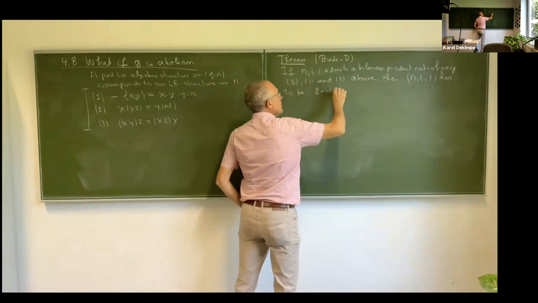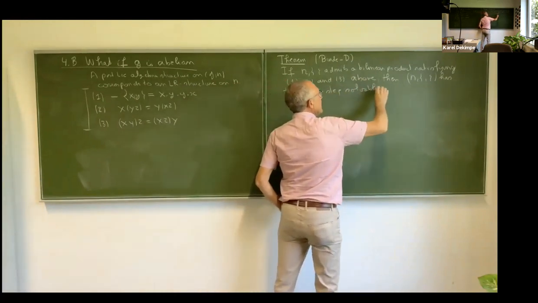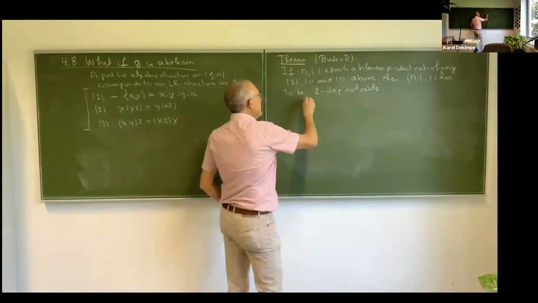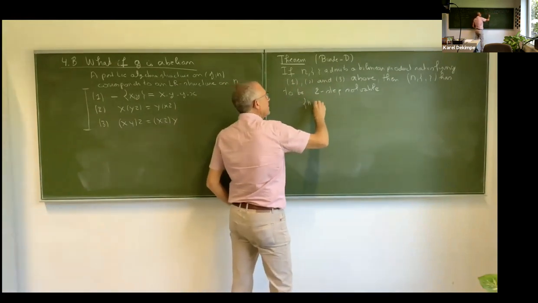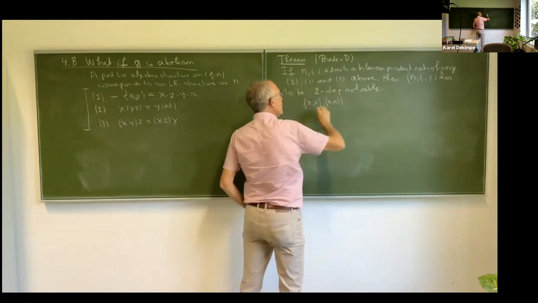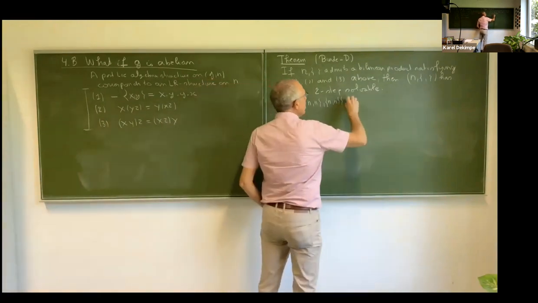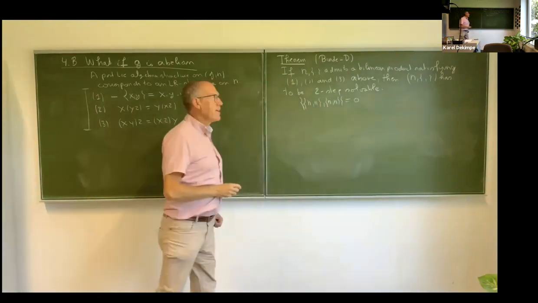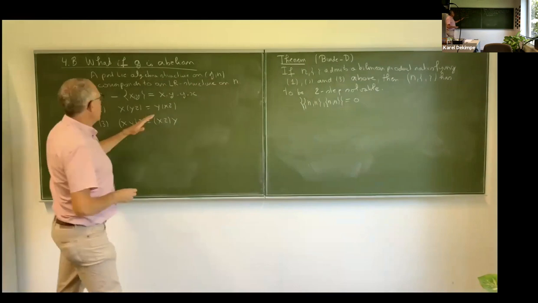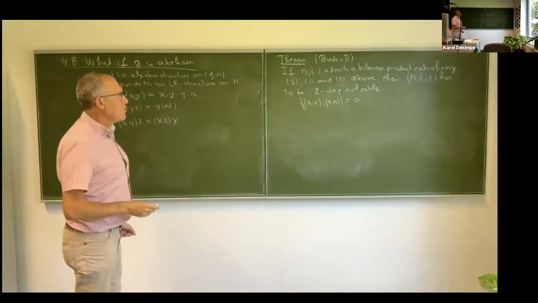Not only solvable, but two-step solvable, or solvable of derived length 2. So by this I mean that if you take the bracket of N with itself, and then you take the bracket again like this, it has to be 0. Okay. So if we have a product like this, I claim then the Lie algebra has to be two-step solvable.